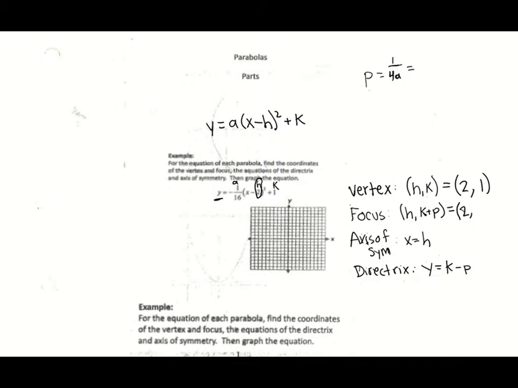My a is equal to negative 1 over 16. So when I plug that into my p-value, I have 1 over 4 times negative 1 over 16.